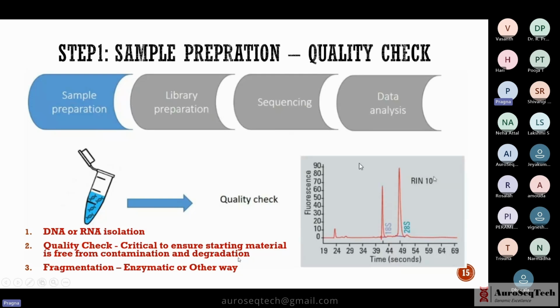The quality and quantity also should be good enough for the platform. The quality check for DNA is done by A260/A280, and for RNA it is done by RIN values. Then the fragmentation is done either by an enzymatic way or a mechanical way.